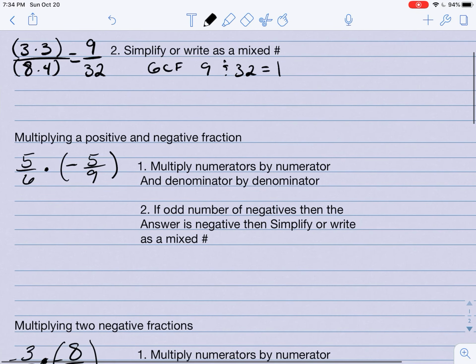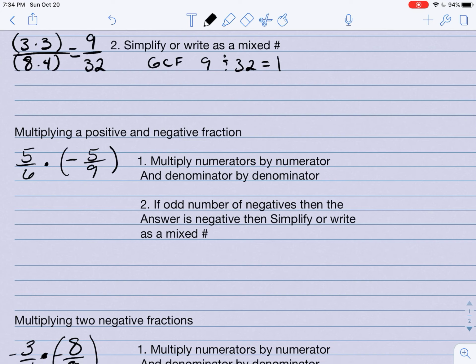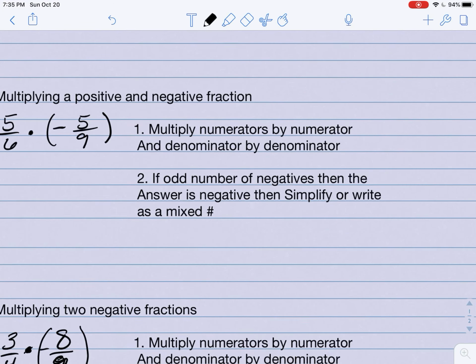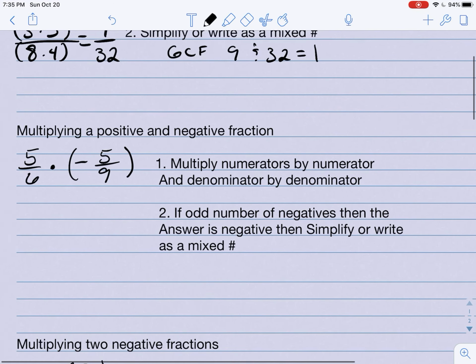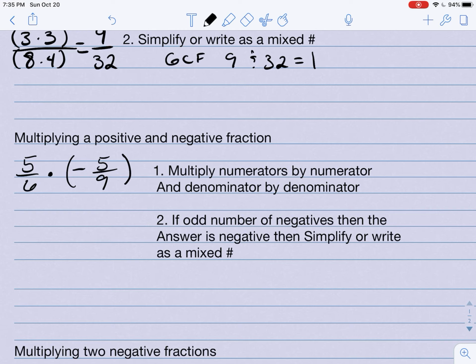Okay, so looking at the next one. You have 5/6 times a negative 5/9. So once again, remember what happens when we multiply a positive times a negative. Our end result is going to be a negative. And so we will do the same thing as the problem above.